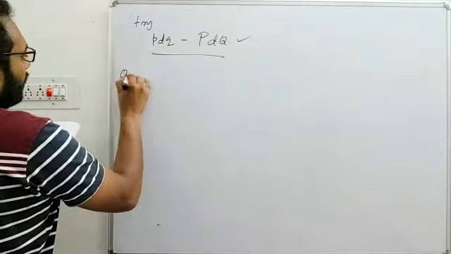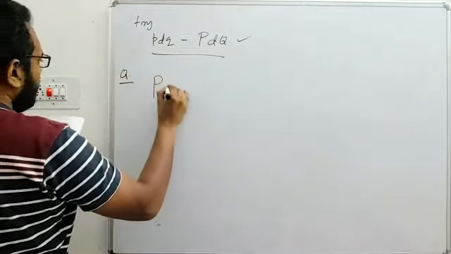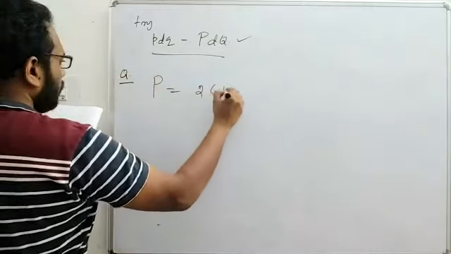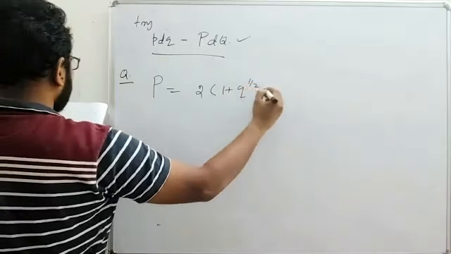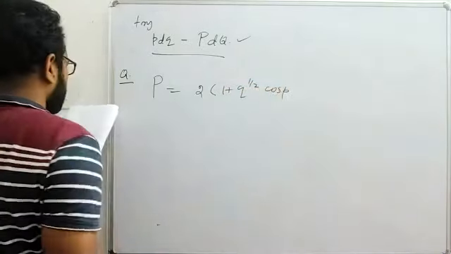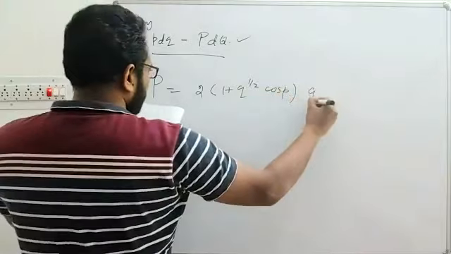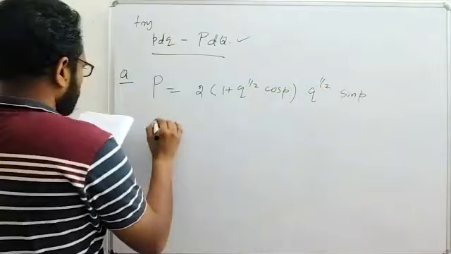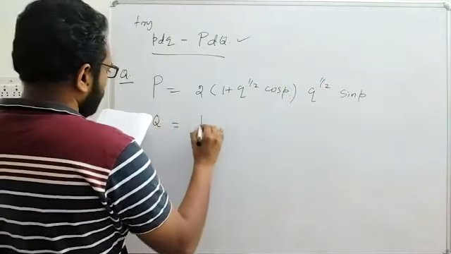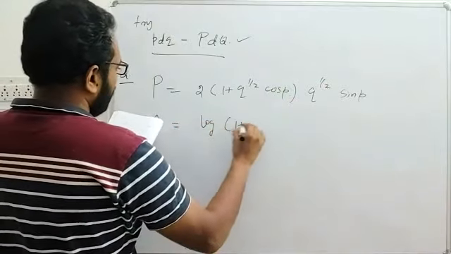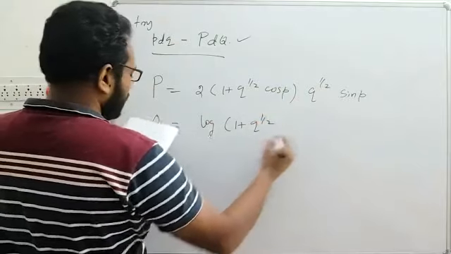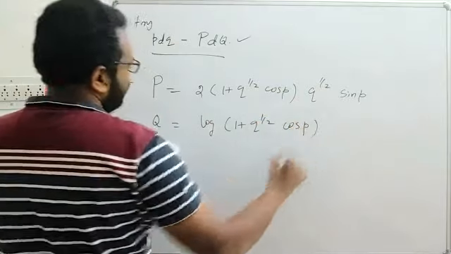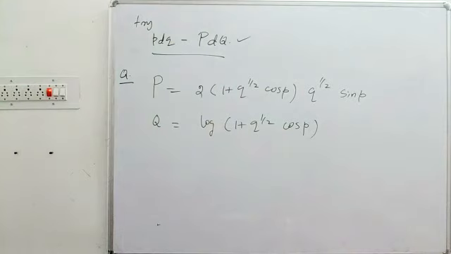Now we have got one more question. P is equal to 2 times (1 plus Q raised to half) cos P, and we have got Q is equal to log of (1 plus Q raised to half cos P). This seems a bit complicated.